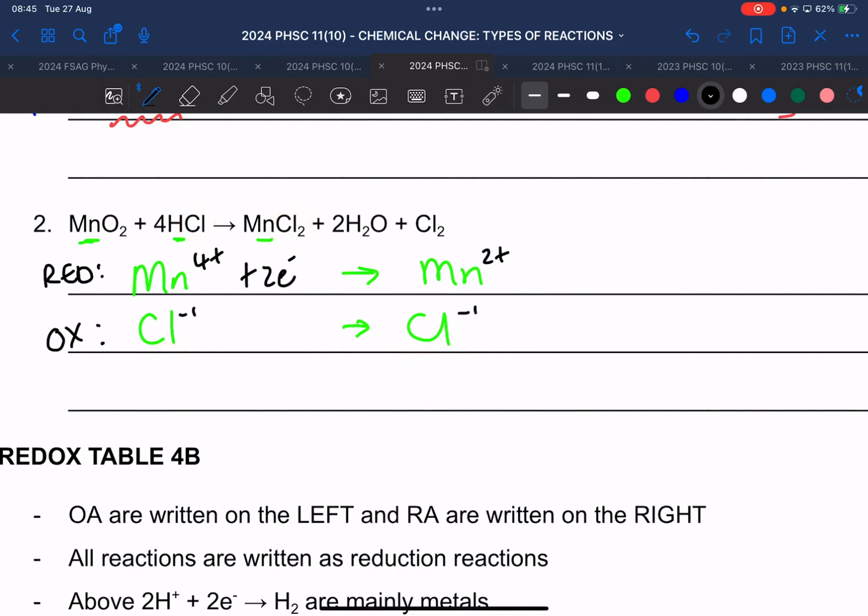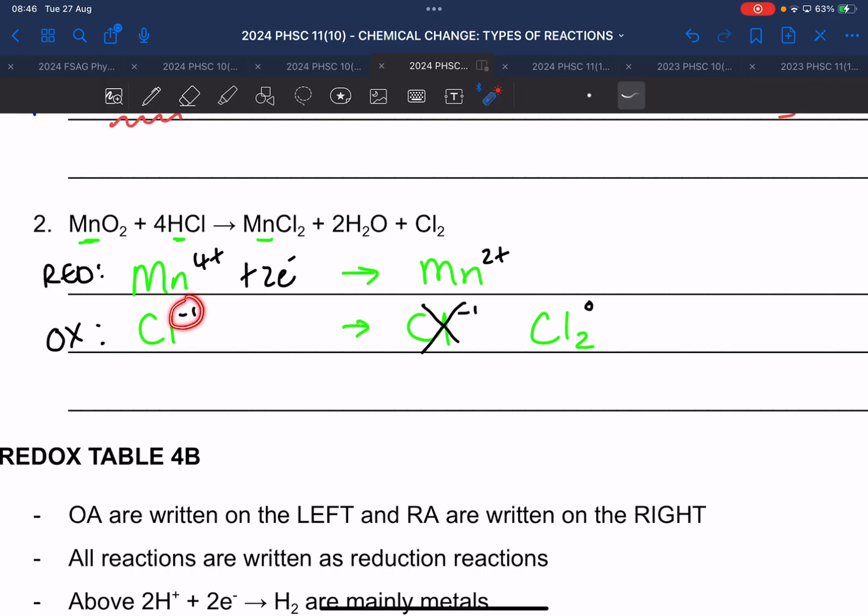But if we consider it from this chlorine to this chlorine, Cl2 is a diatomic molecule on its own, so then the valency is 0. If something is on its own, then its valency is 0.